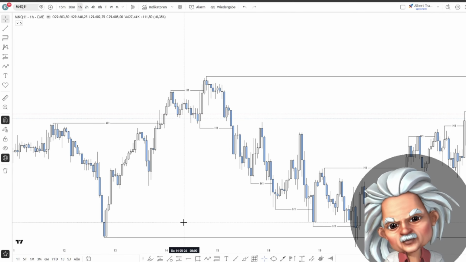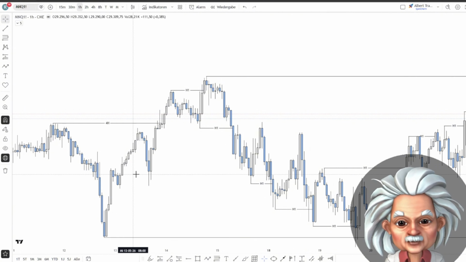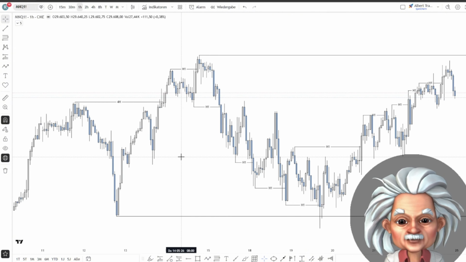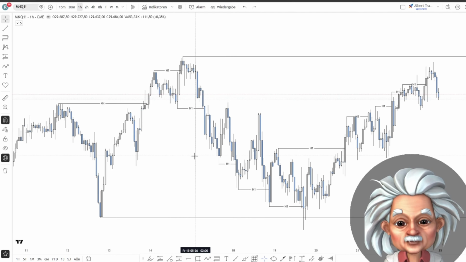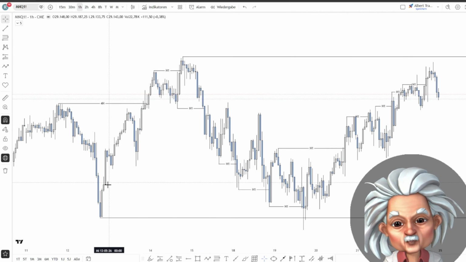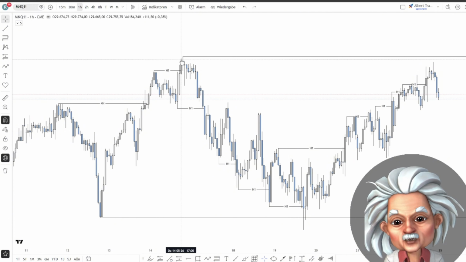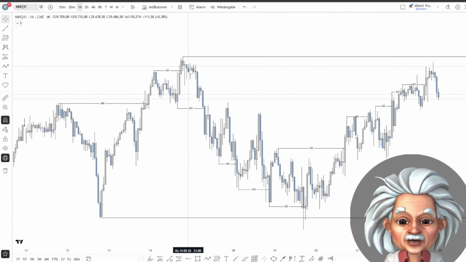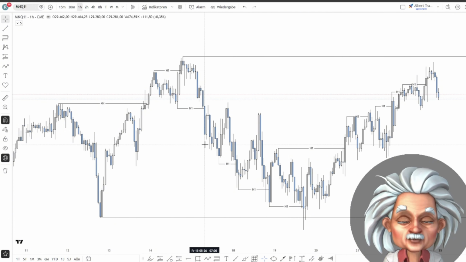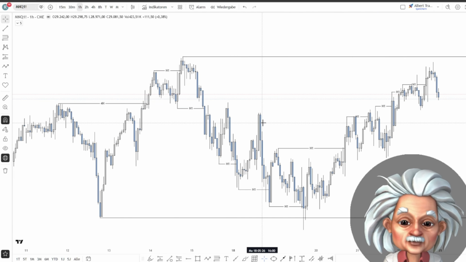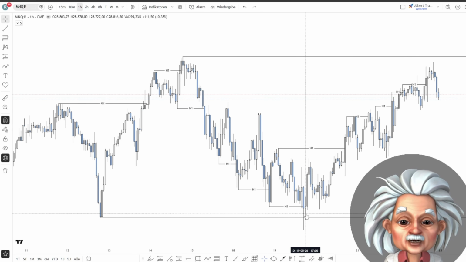I hope I don't confuse you too much, because it's a little bit hard to grasp at the beginning, but this is basically very simple. As you can see, first the H1 stayed bullish the whole up move in the 4 hour, and then as soon as the H1 switched bearish, it stayed bearish the whole time until we completed the swing pullback.